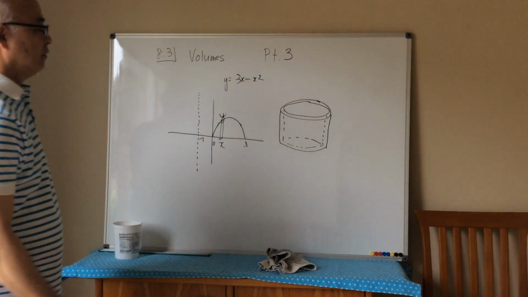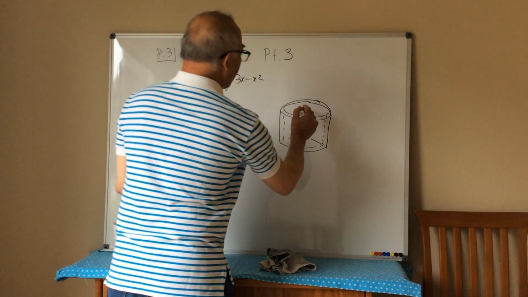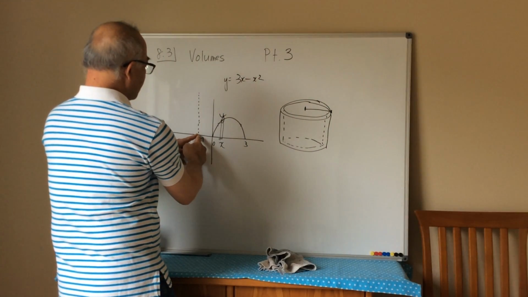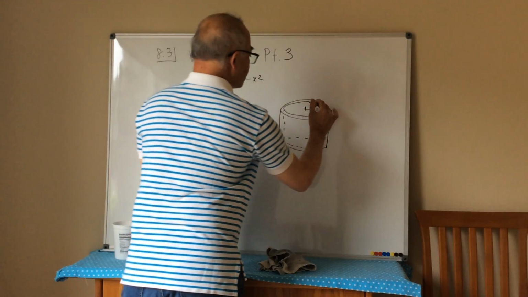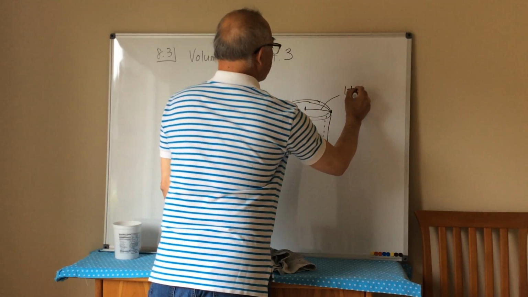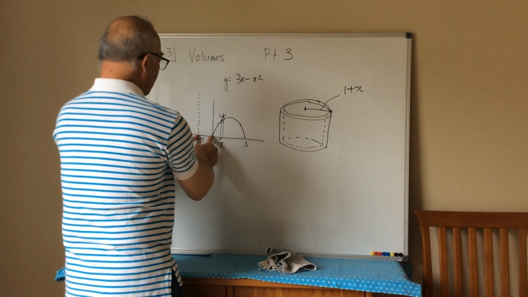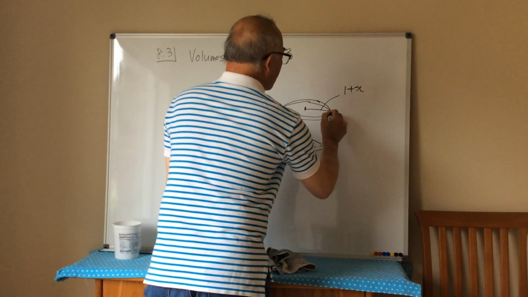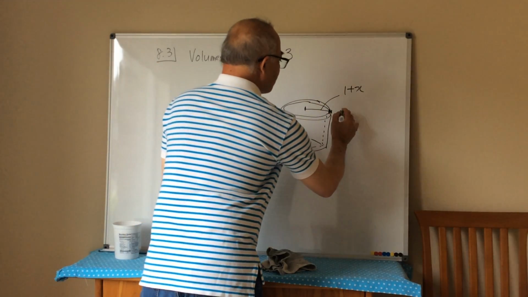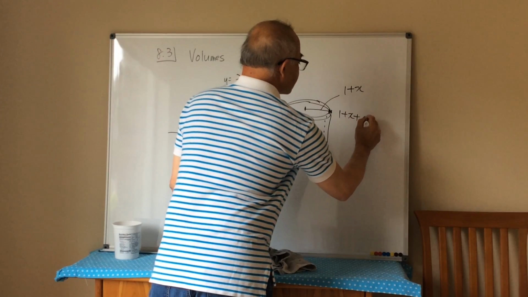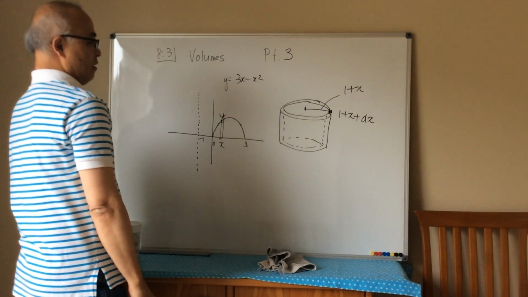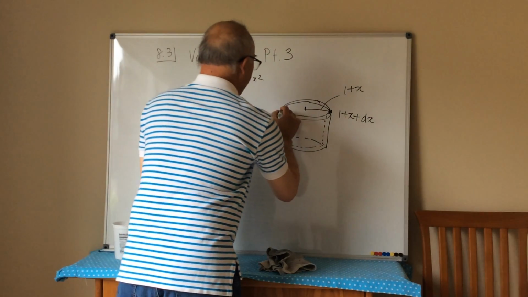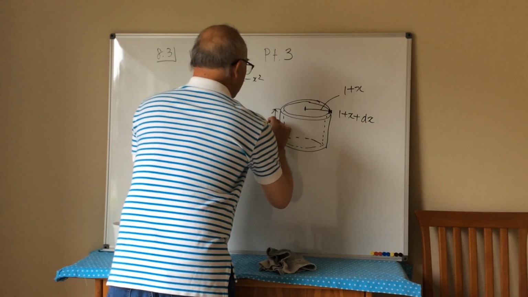The inner radius, the distance from here to x, is 1 plus x, because you have 1 here plus the x. The outer radius is going to be 1 plus x plus that little sliver there. And the height is going to be y.